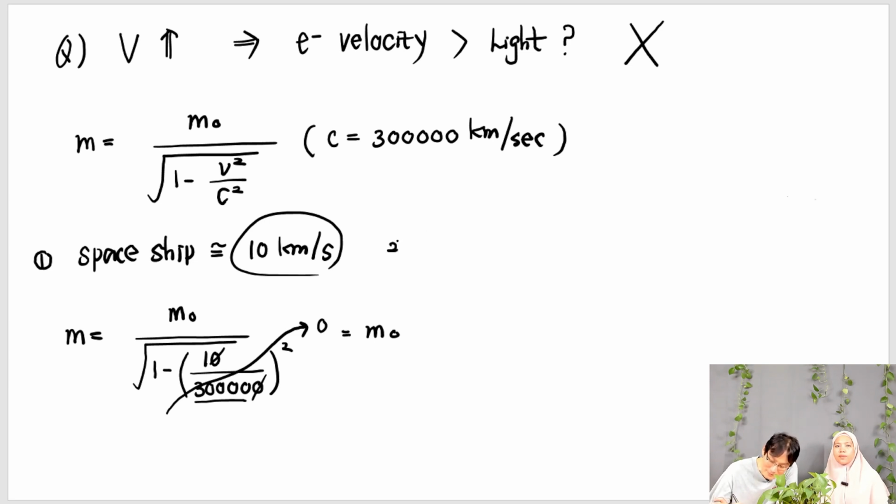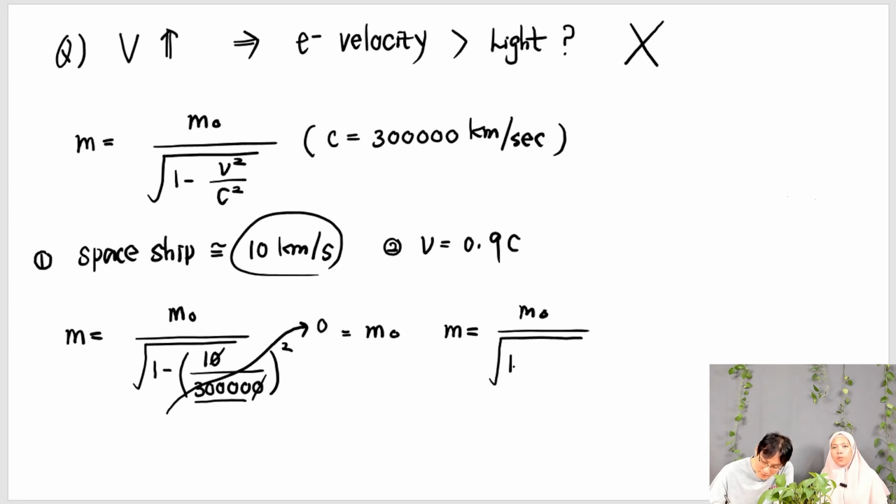Second, velocity very close to the speed of the light. We can give 0.9 c. What happened? With 0.9 c, m equals m0 over square root of 1 minus 0.9 square. This value is 0.19.